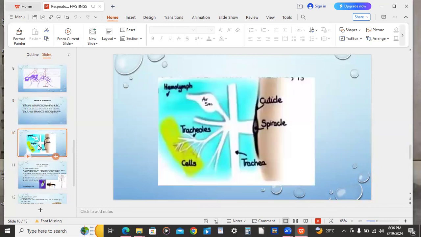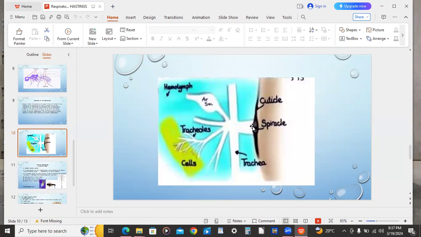Okay, this is the structure of the mechanism of the respiratory system. As you can see, this is the cuticle lining. We have the spiracles, the trachea. So the air enters here, as I said earlier.